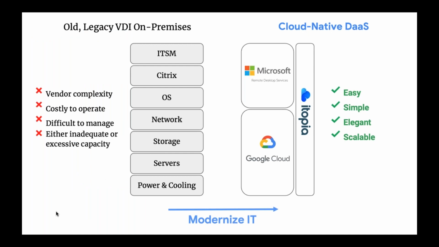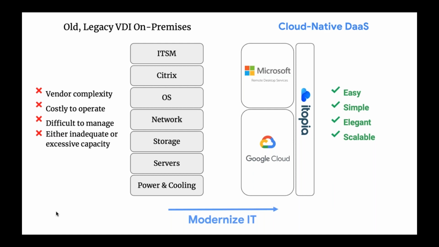So when it comes to taking VDI from on-premises to the cloud, we really look to reduce some of the complexities that come around managing various vendors, cost, the day-to-day management, and capacity issues.